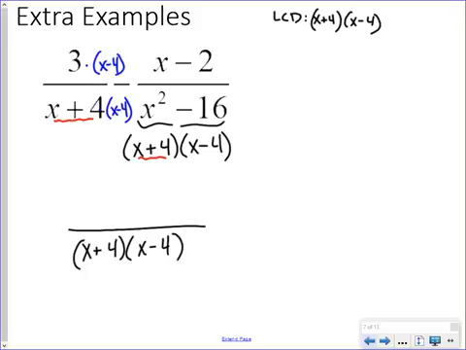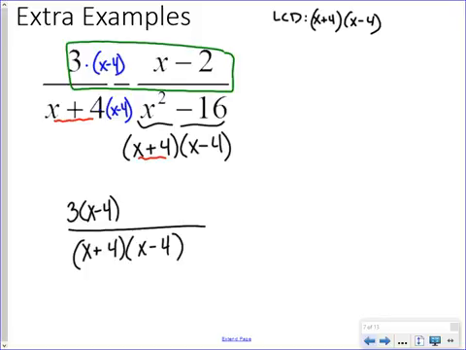And all of my math now happens in my numerators. So I'm going to do 3 times the quantity, x minus 4, minus the quantity, x minus 2. When I do that, I'm subtracting all of the second fraction's numerator.